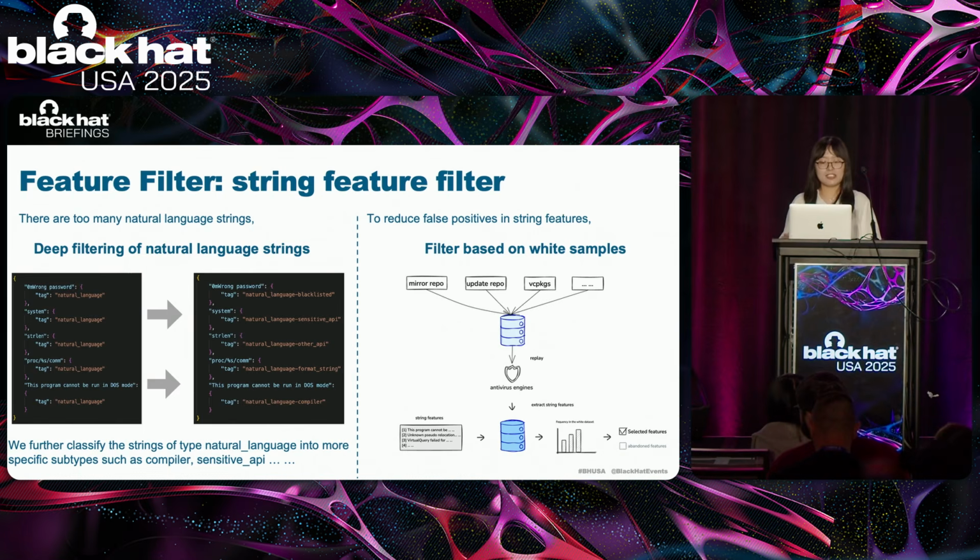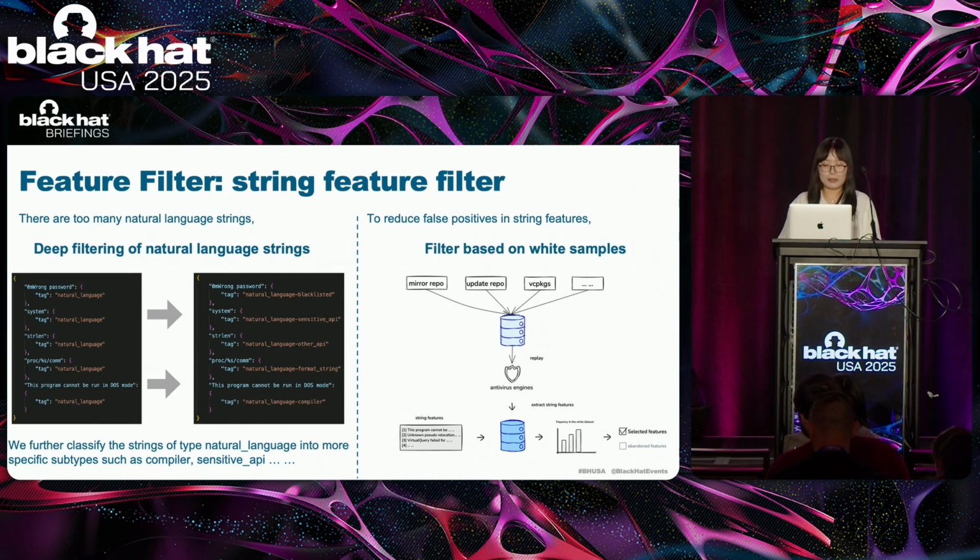So the feature extraction model provides an initial set of features. To make the large model work better, LLMDYara adds a feature filtering step as the second part. For string features, we observe that there are many entries in the natural language strings. To provide more information for rule generation, we further classify these strings into more specific subtypes, such as sensitive APIs, format strings, and so on.